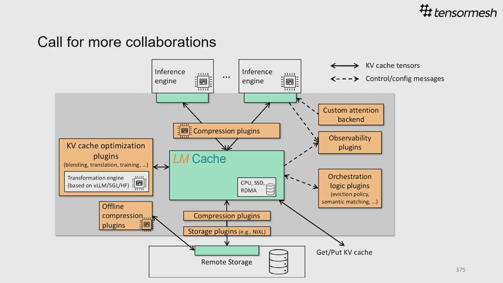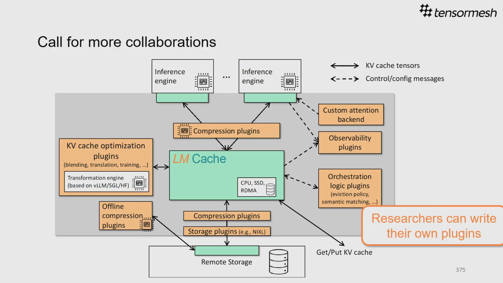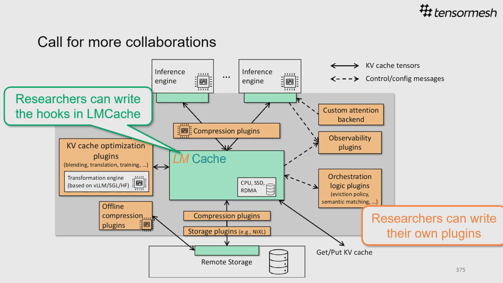These plugins in orange are things researchers can write. They can write their own plugin, their own compression algorithm, for example. And we also welcome researchers and industry folks to write hooks inside LMCache to enable more plugins.